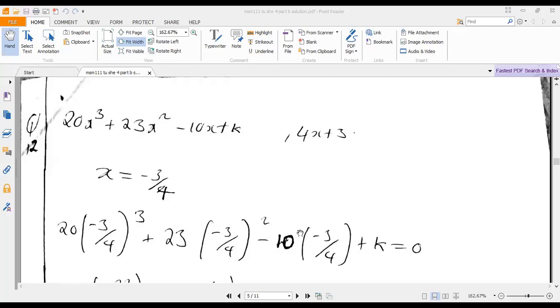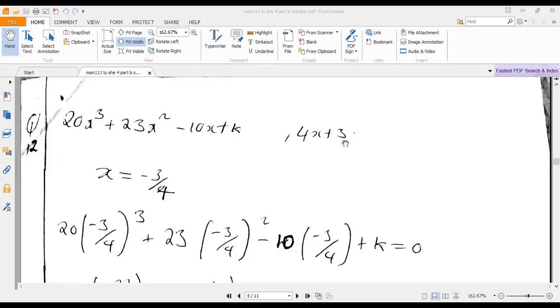So if you have been given this type of polynomial, we know that 4x plus 3 should always be equal to 0.